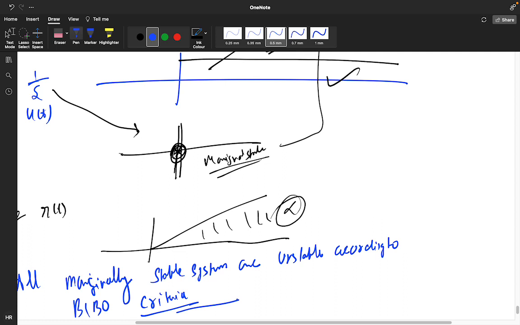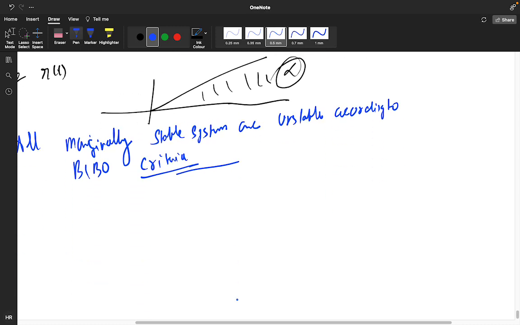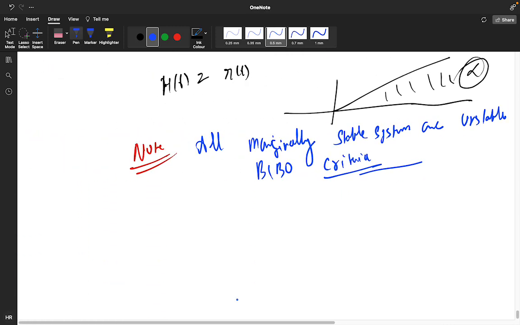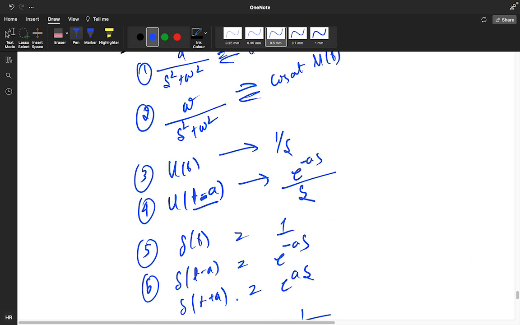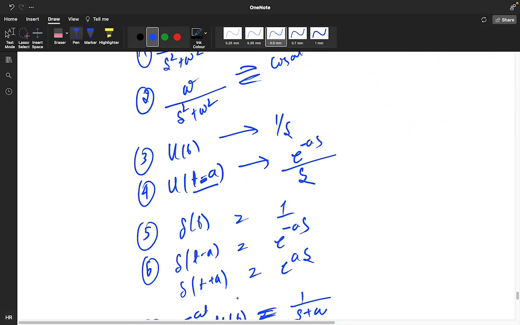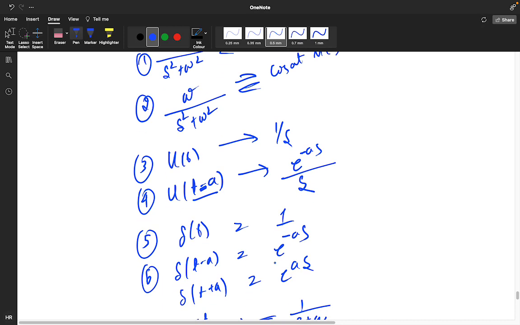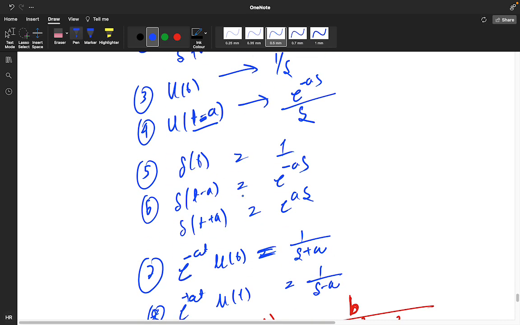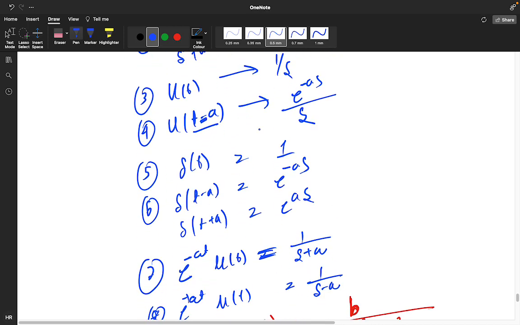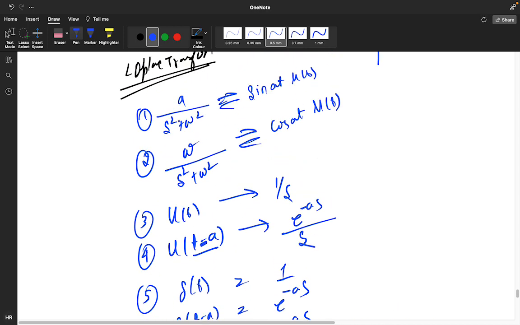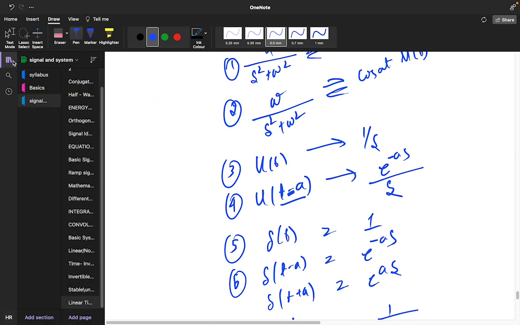Okay, so this was the condition. So for Laplace transform, you need to revise, you have to understand and learn these things. Make a table in your notebook and revise these things, because by using the Laplace transform you can get 7-8 marks in GATE if you know it.